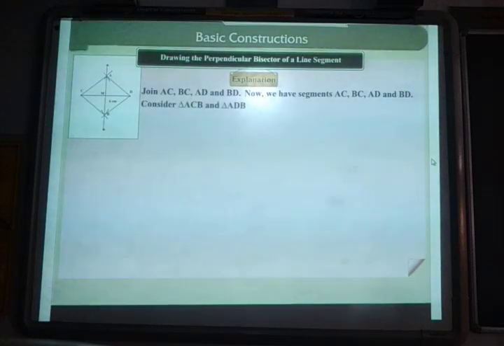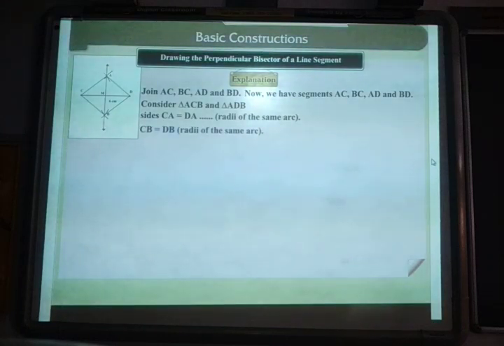Consider triangles ACB and ADB. We see that sides CA and DA are the radii of the same arc and hence equal. Similarly, CB and DB are the radii of the same arc and so they are equal. AB is the common side.